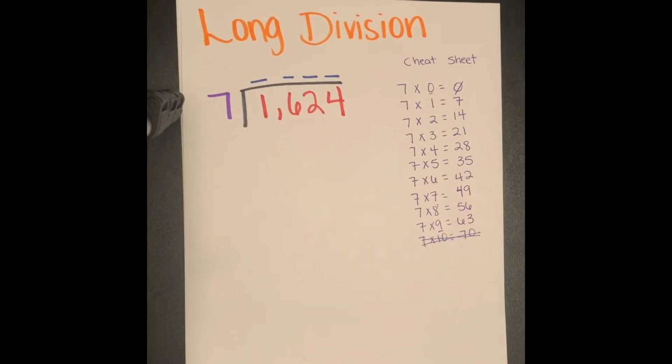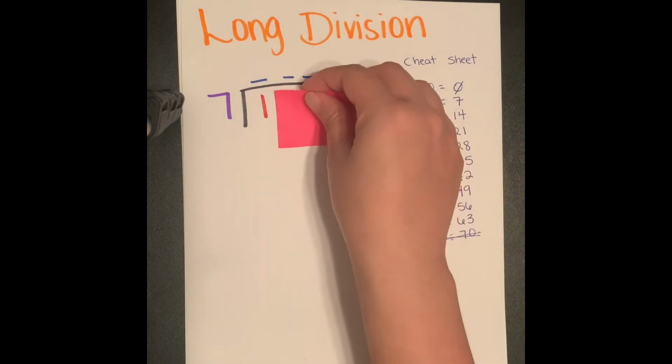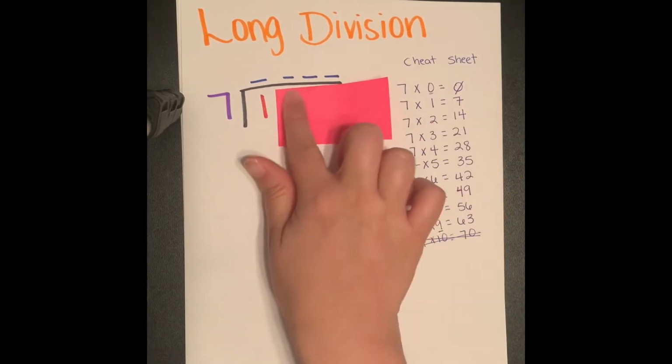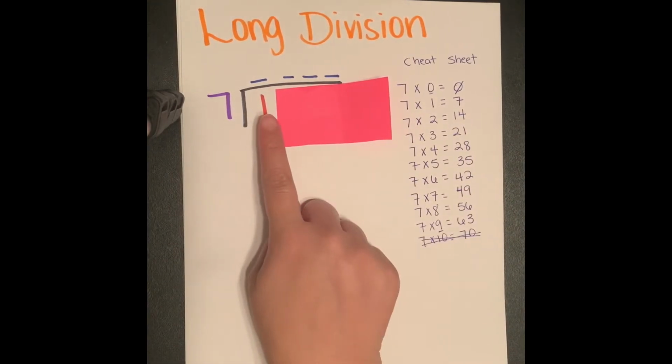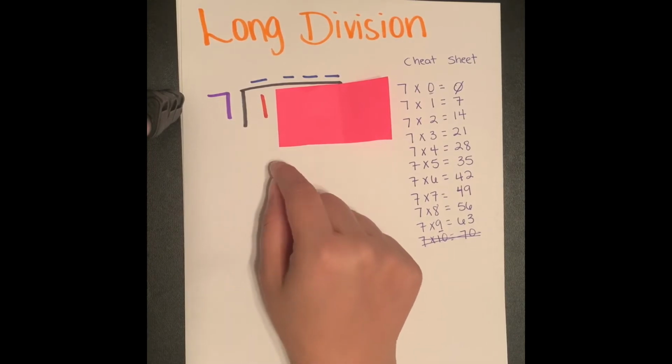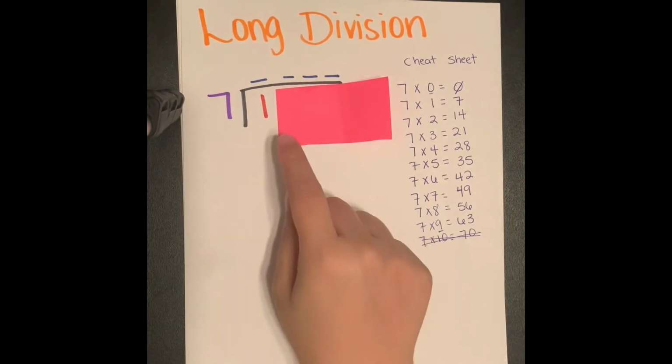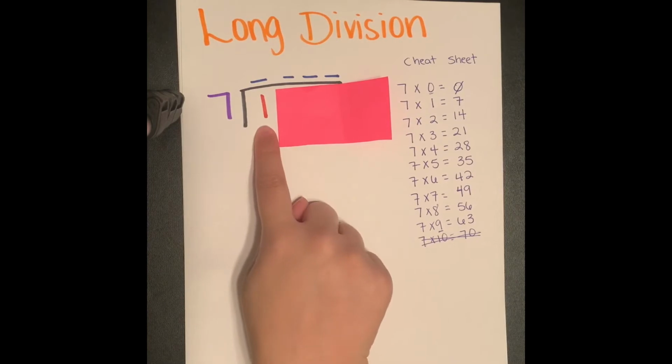Now we're ready to start. Some students get intimidated by looking at such a big number. So what I tell them to do is to get their best friend and cover the rest of the numbers. So our dividend is basically how much money we have. At this point, we have $1.